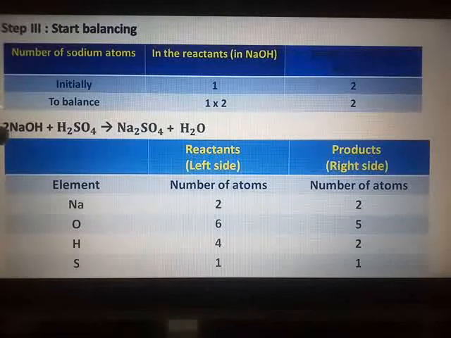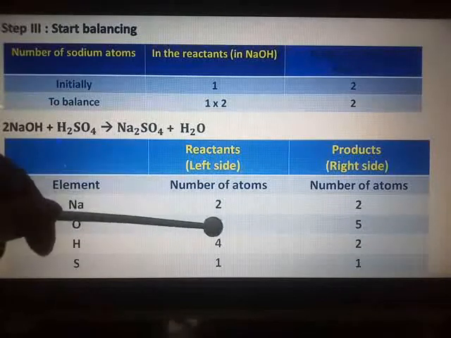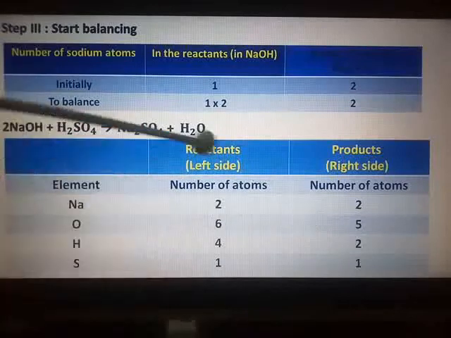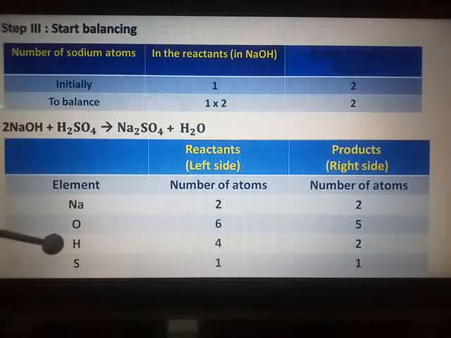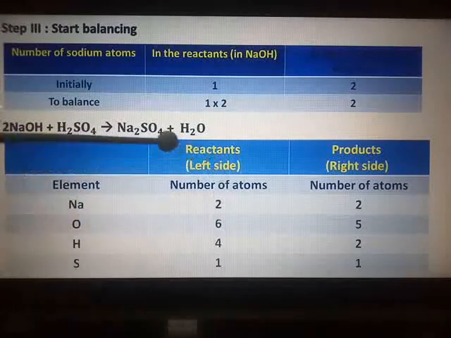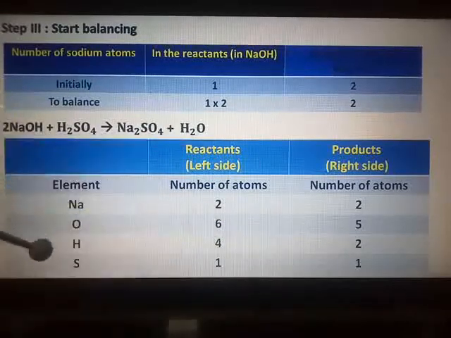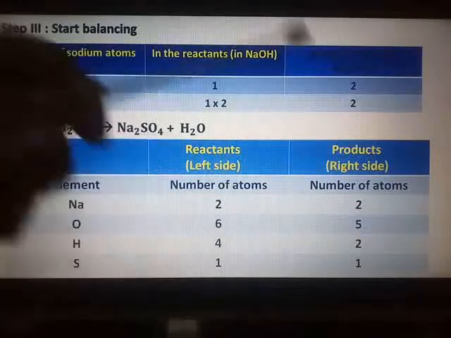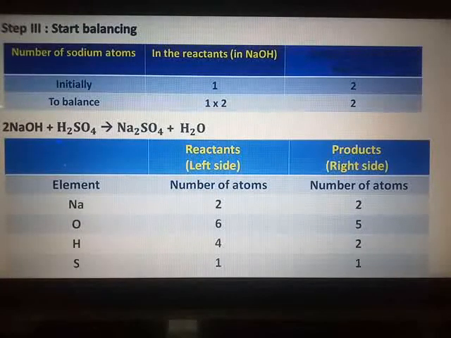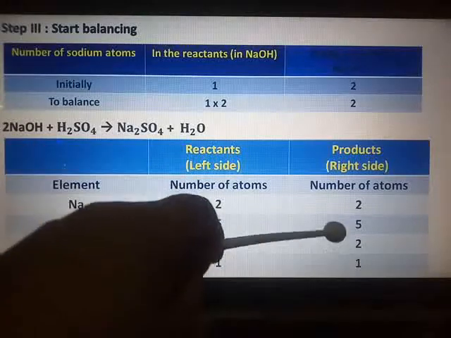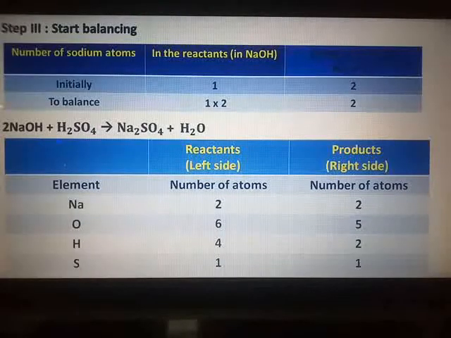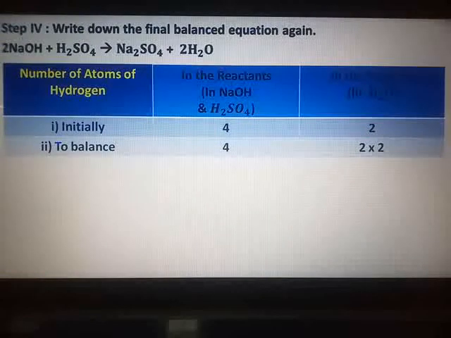But oxygen is 2 plus 4, 6, and here it is 5, so oxygen is not balanced. Hydrogen is 1 plus 2, 3 initially; now 2 plus 2, 4, and here it is only 2. And sulfur is 1 on both sides. So again oxygen and hydrogen need to be balanced. Hydrogen requires less balancing, so we will start with hydrogen.